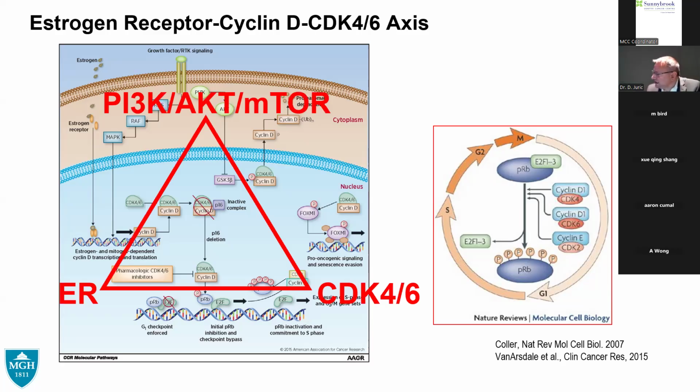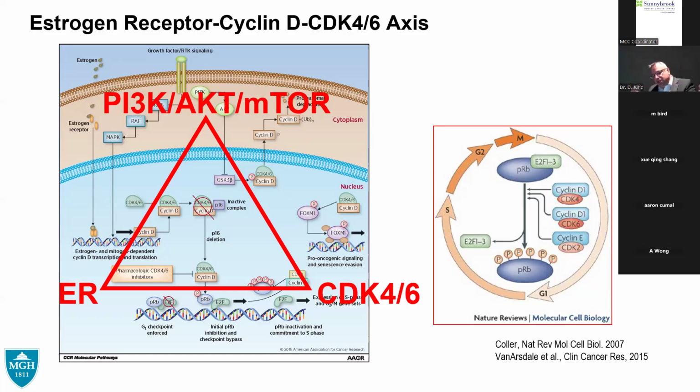Not just that, additional signaling nodes within this network are tightly linked to both of these components, so that when you inhibit ER or CDK4/6 or both, you have compensatory activation of additional signaling modules, particularly PI3 kinase, AKT, and mTOR. So almost conceptually, you can think of this whole network as a simplified triangle.